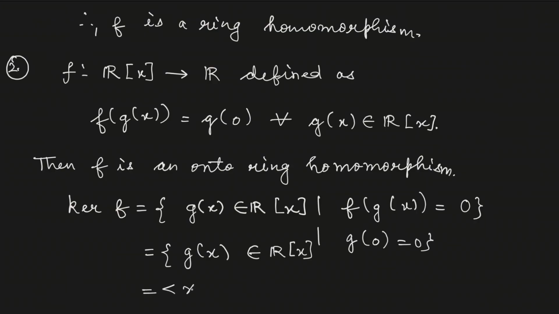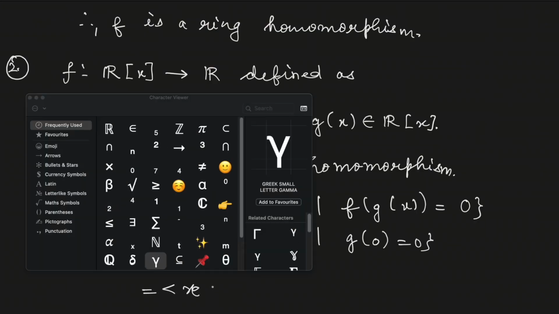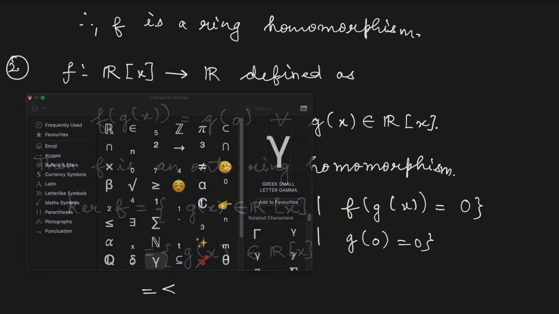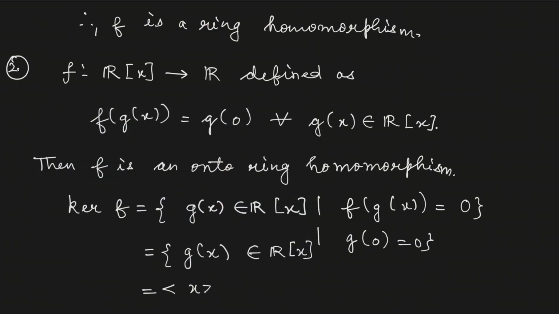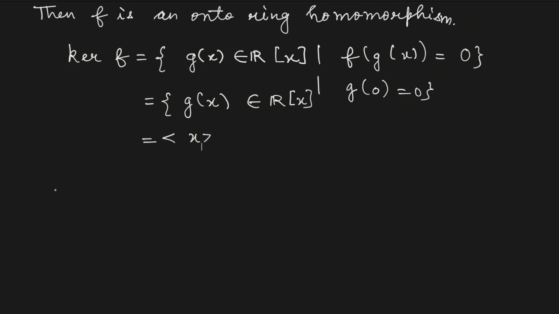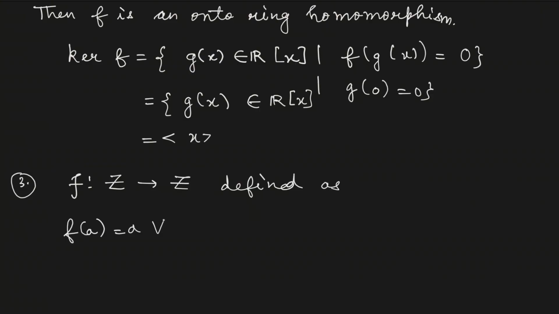So this will be generated by x. Third, f is a mapping from Z to Z, defined as f(a) is equal to a for all a belonging to integers. This is an isomorphism.